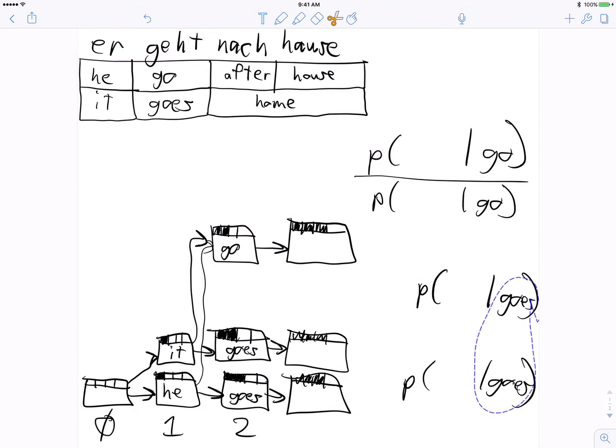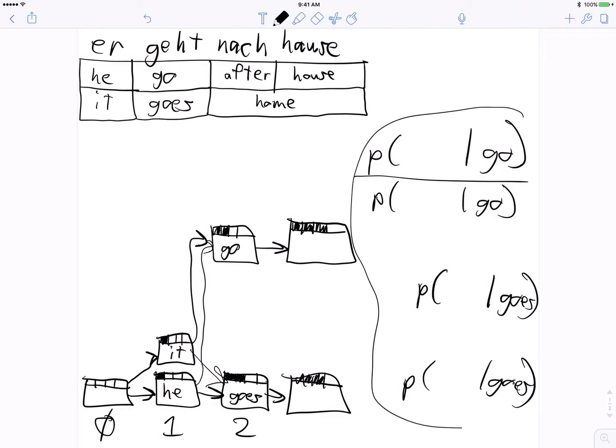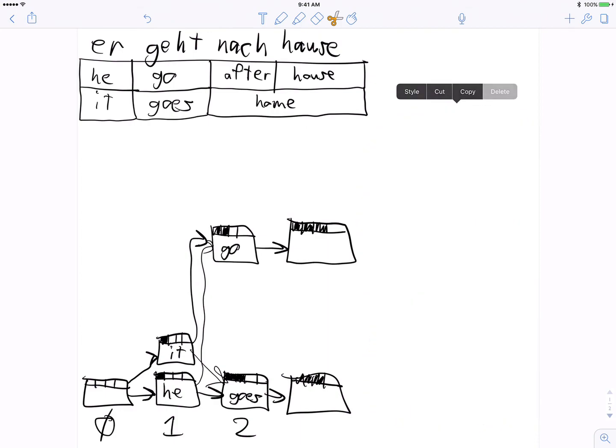Therefore, we can get rid of the duplication and have he and it point to the same space. Okay? Let's clean this up a little bit.